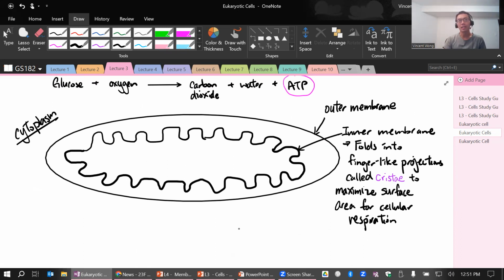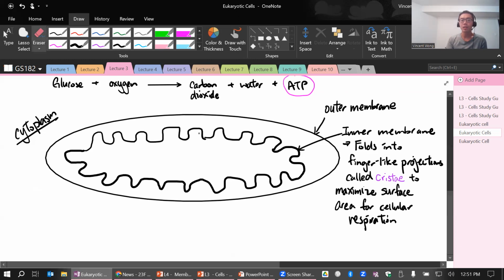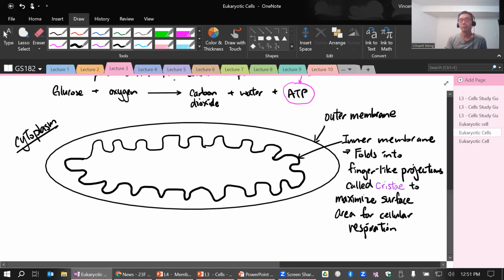That's why it takes longer to dissolve a cube of sugar compared to a spoon of sugar, right? The cube has less surface area compared to the granulated sugar. So by folding up the inner membrane, I should say, you increase the available surface area for performing the chemical reaction, basically.